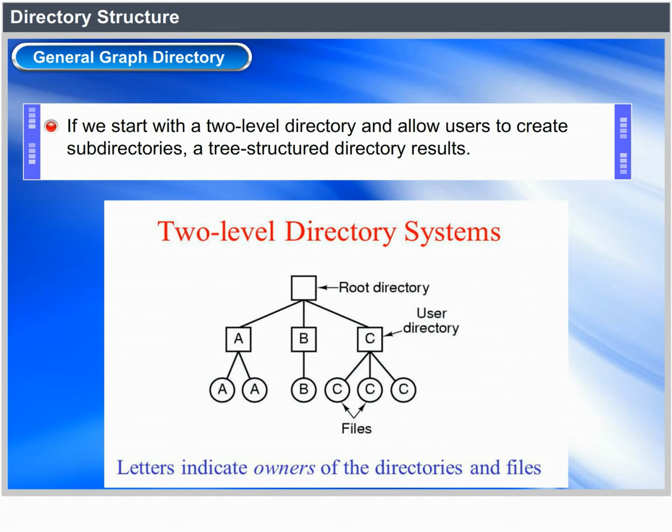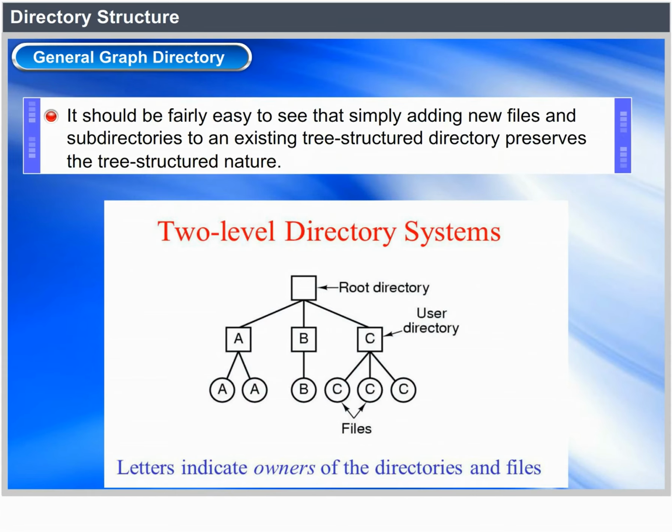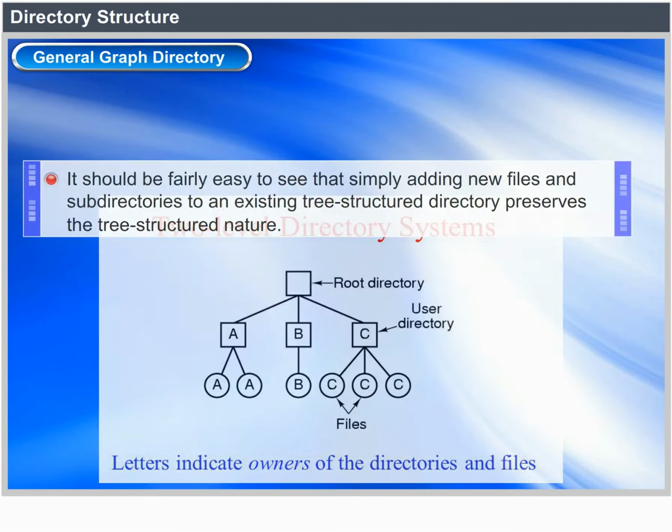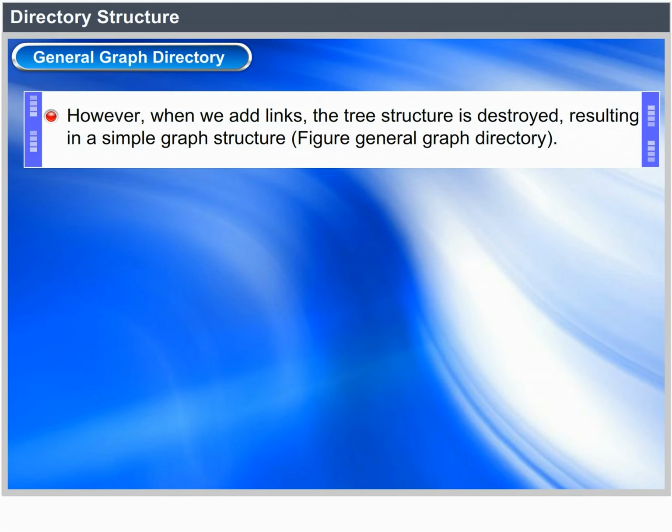It should be fairly easy to see that simply adding new files and subdirectories to an existing tree-structured directory preserves the tree-structured nature. However, when we add links, the tree structure is destroyed, resulting in a simple graph structure. Figure: General Graph Directory.